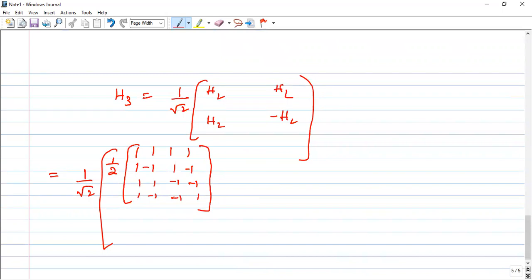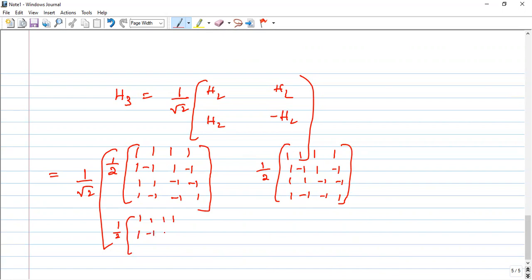Right, this is H2, substitute here, in each block. The last block is minus 1 by 2 of the same H2 matrix.